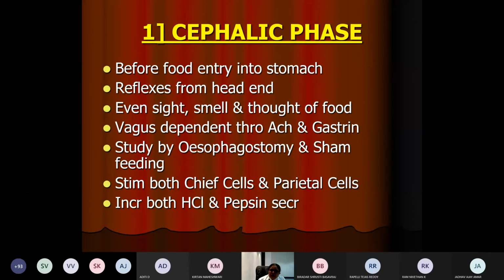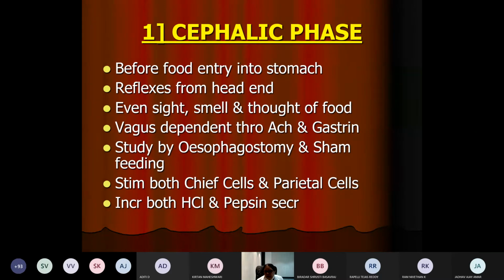We'll come to the cephalic phase. Before food enters the stomach, reflexes from the head end, even sight, smell and thought of food, are vagus dependent, through acetylcholine and gastrin. Studied by esophagostomy and sham feeding.